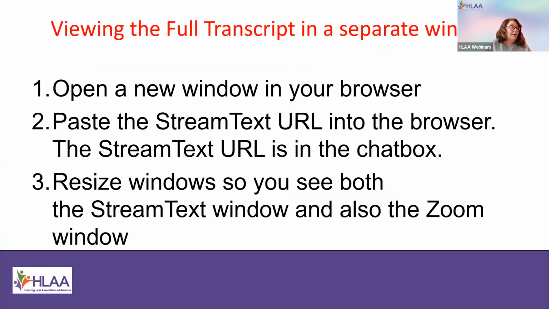To view a full transcript in a separate window, you're going to open a new window in your browser. You're going to paste the stream text URL into the browser, and the stream text URL is in the chat box. You're then going to want to resize your windows so you can see both the stream text window and also the Zoom window.